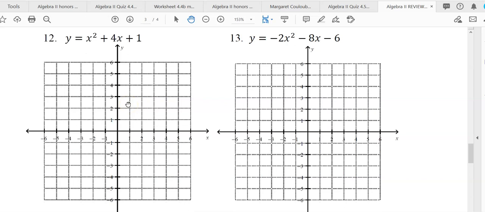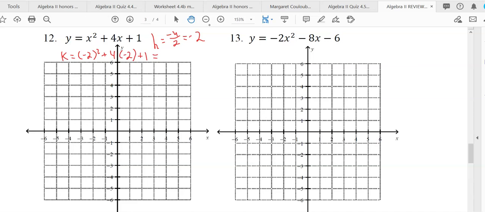So this one, I'm probably going to use the h equals opposite b over 2a method here. So h equals the opposite of b, which would be the opposite of 4, over 2 times a, which is 1 in this case, so negative 2. So we're going to plug that in for an x. So k equals negative 2 squared plus 4 times negative 2 plus 1.